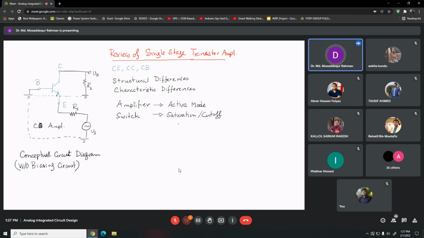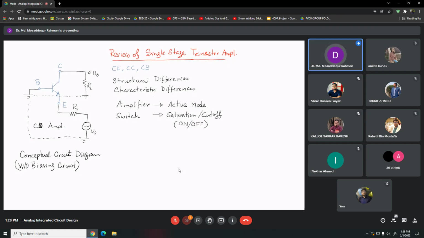In saturation mode the transistor will be on, the switch will be closed, and in cut off the transistor will be off, the switch is kind of open. On, off. So we need to bias the transistor in active mode because we want to use this as an amplifier.